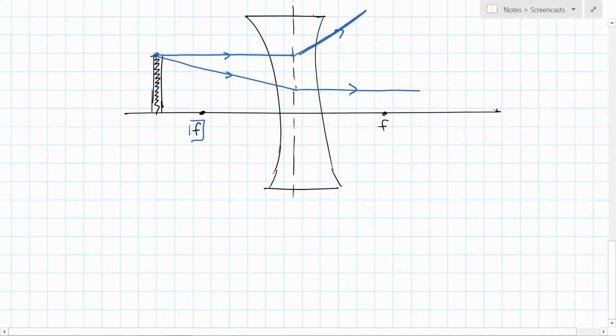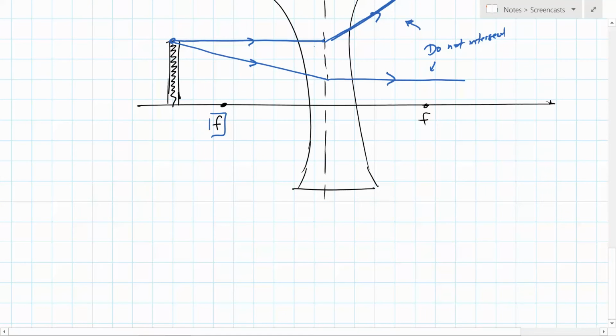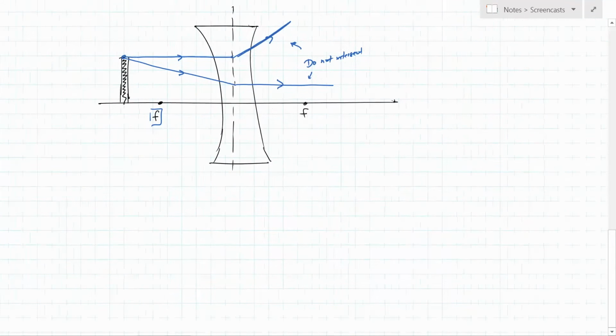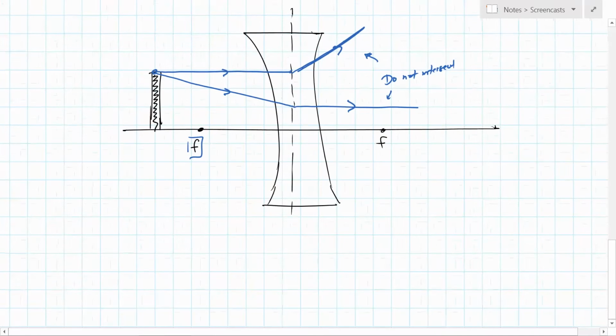Alright. Again, these rays, as we suspected, do not intersect. So this means I'm going to get a virtual image. And I know this because I need to extend these rays back into the lens. Whenever we do this kind of thing, we're always going to get a virtual image. It's always going to be an image that looks like it came from somewhere, as opposed to looking like it is somewhere.